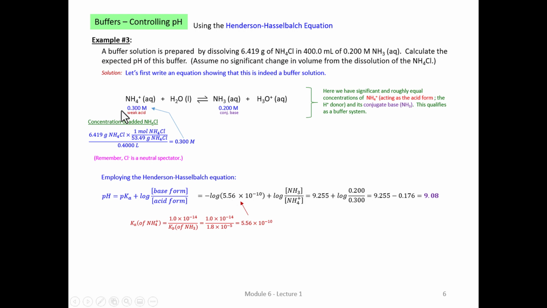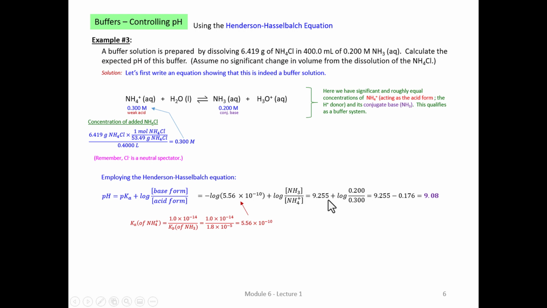As you recall, we could calculate the Ka of the ammonium ion from the Kw divided by the Kb of ammonia, and the Kb of ammonia is something you can find easily in tables of Kb values. We find that the Ka of ammonium ion that way is 5.56 times 10 to the minus 10. So we put it here, and the pKa of the ammonium ion is 9.255.